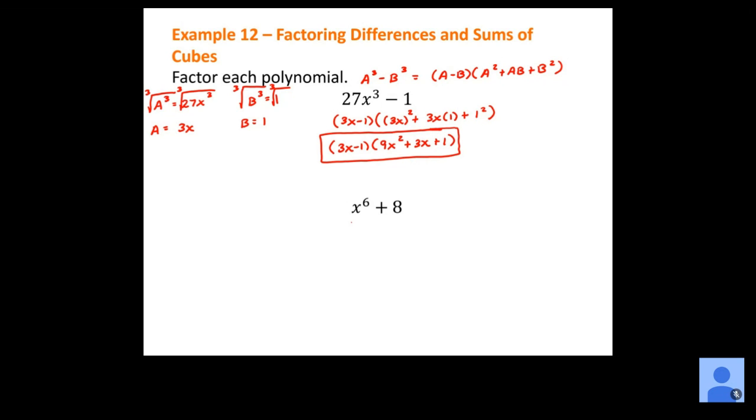Now the next one, again, we have two perfect cubes here. So this is really a cubed plus b cubed. So again, our formula this time is going to be a plus b times a squared minus ab plus b squared.